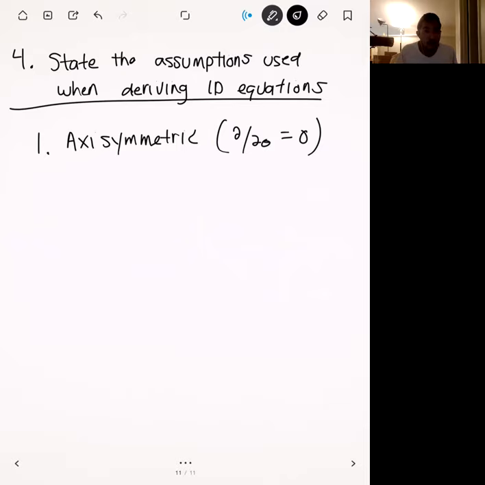Besides that, we also use some standard assumptions from Navier-Stokes in general. One thing we assume, which is implied by the form of Navier-Stokes that we start with, is that the flow is incompressible.